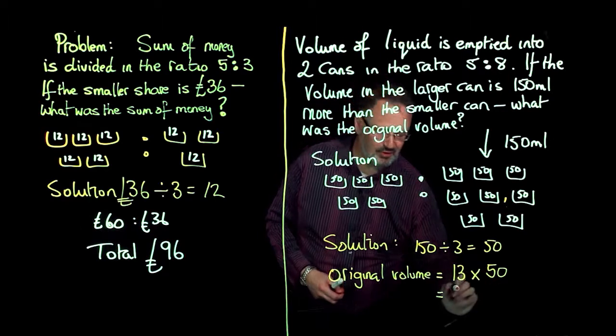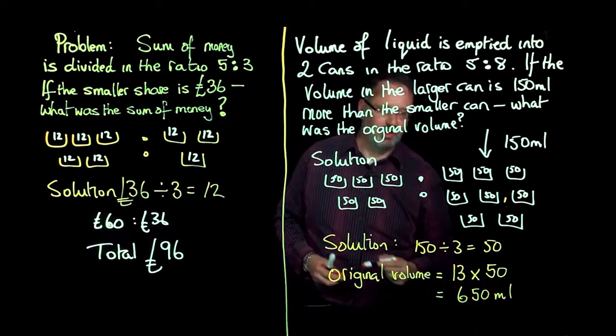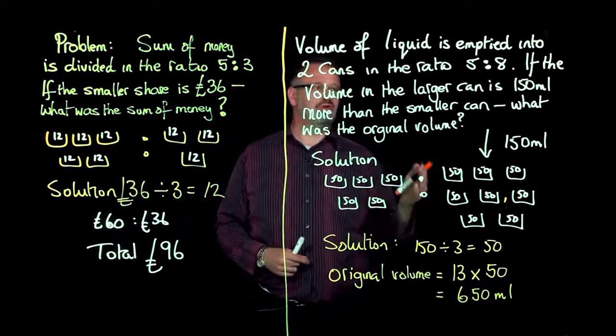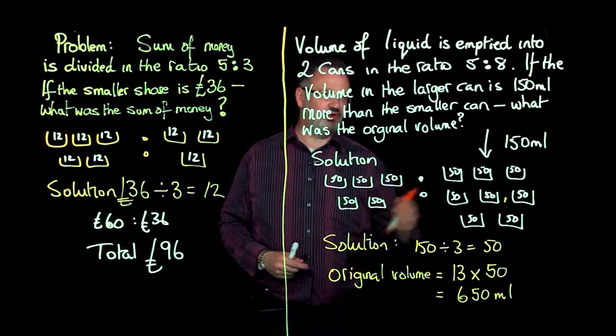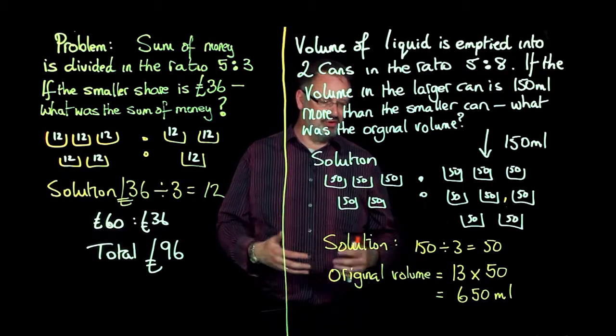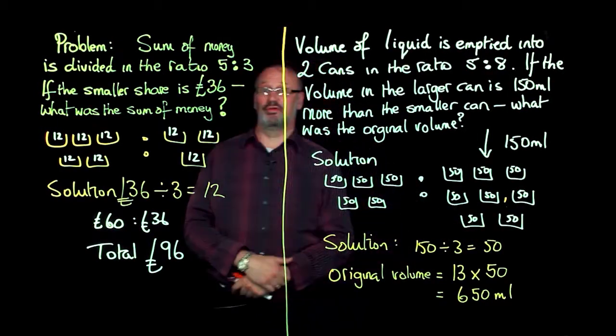So 13 times 50 is 650 millilitres is the solution. So here, we need to look at the difference between each of the 2 cans that the volume of liquid is being dispensed into to find out how much each of those shares are worth.